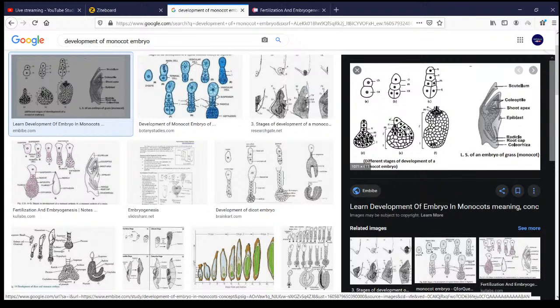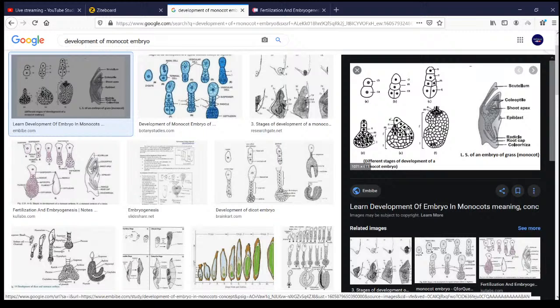The upper 3 to 6 cells contribute to the formation of the suspensor again. So that is the specific thing behind the formation of the monocot embryo. Always remember that the R cells promote the formation of the radicle; in some cases you will see the R and L system, with the L cell and the R cell on top.